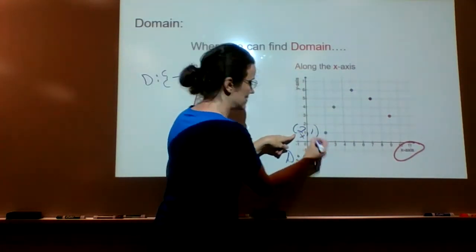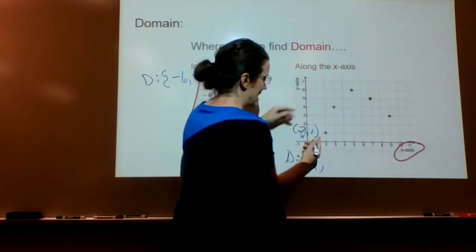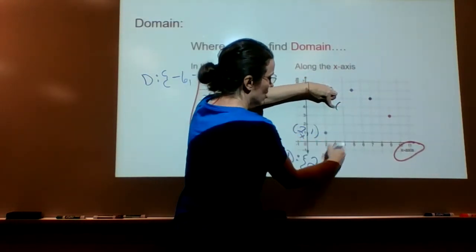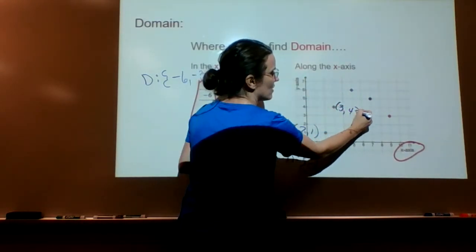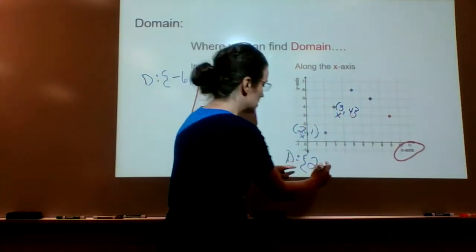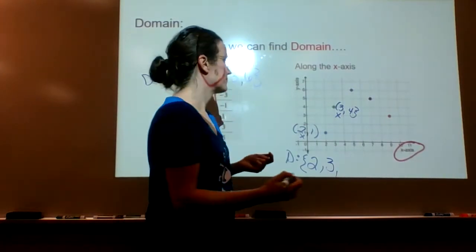That's your x value there. The next point along my x-axis is at (3, 4). Its x value is 3, so 3 is part of my domain.